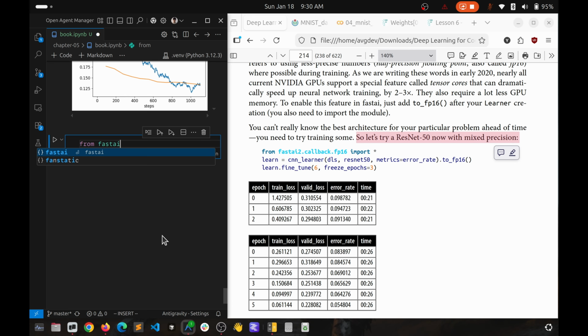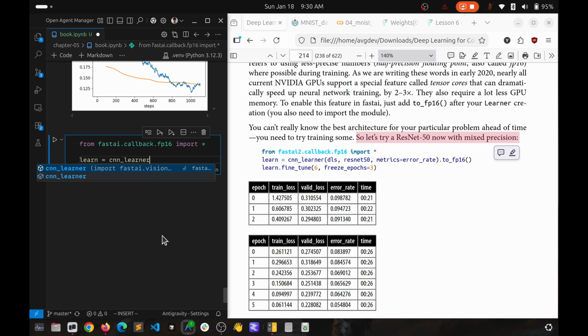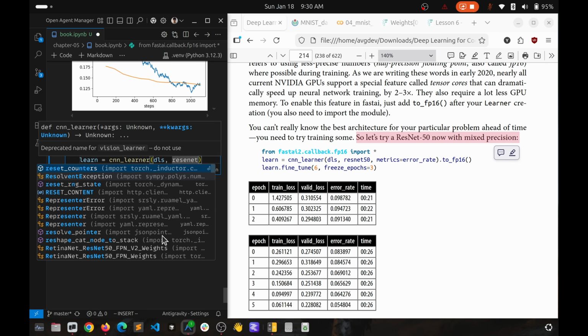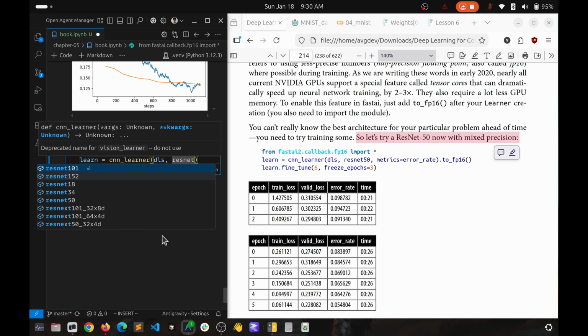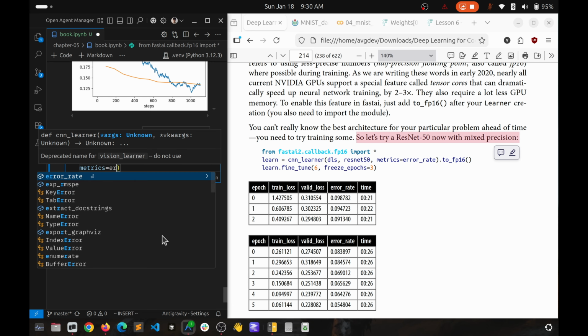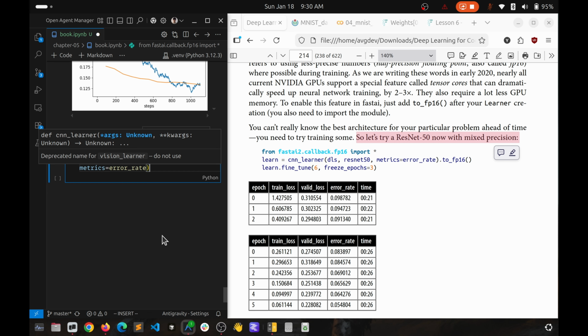From fastai, oh wait, we don't have that. from fastai.callback.fp16 import *. Then learn = cnn_learner(dls, resnet50, metrics=error_rate).to_fp16().